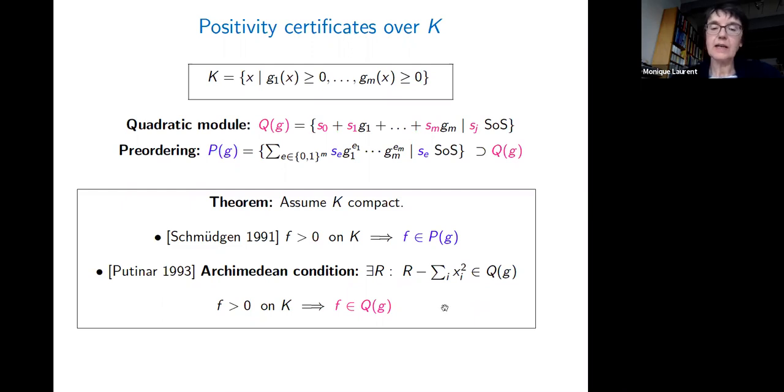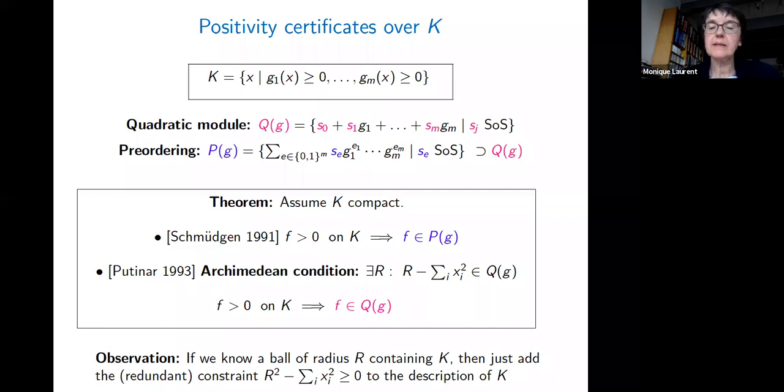This Archimedean condition is actually very easy to satisfy, because by assumption the set K is compact. So there is a ball containing K. And if we know the radius of such a ball, then we can just add a possibly redundant constraint to the description of K, and we get a description of K which satisfies the Archimedean condition.